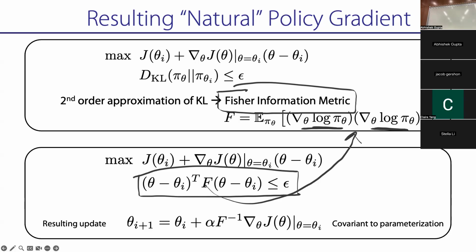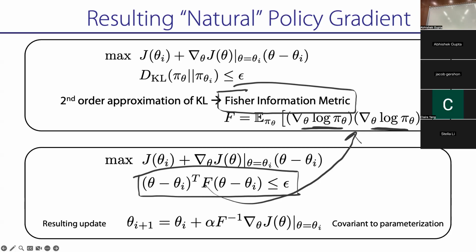It's telling you which directions grad log pi is sensitive to. You can think of it as: for which changes in parameters does the function change a lot, and for which changes does it not change a lot. Intuitively, it's like a sensitivity matrix.